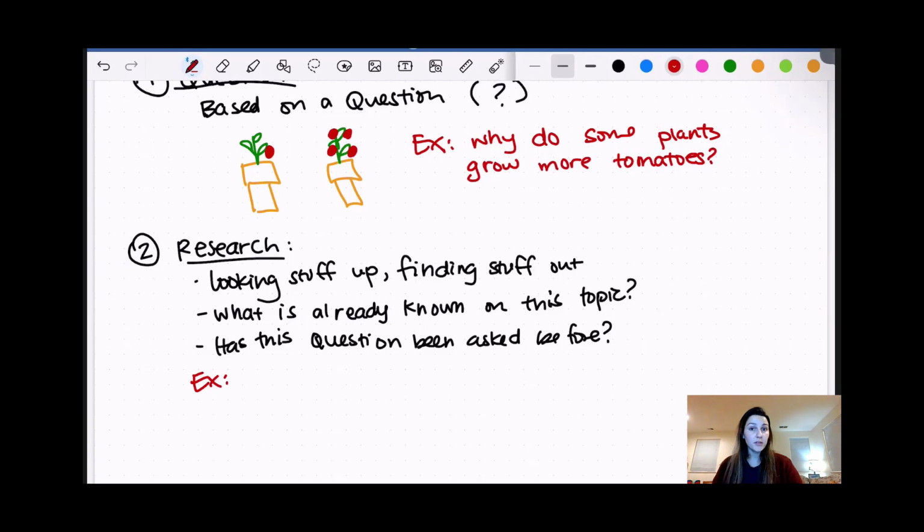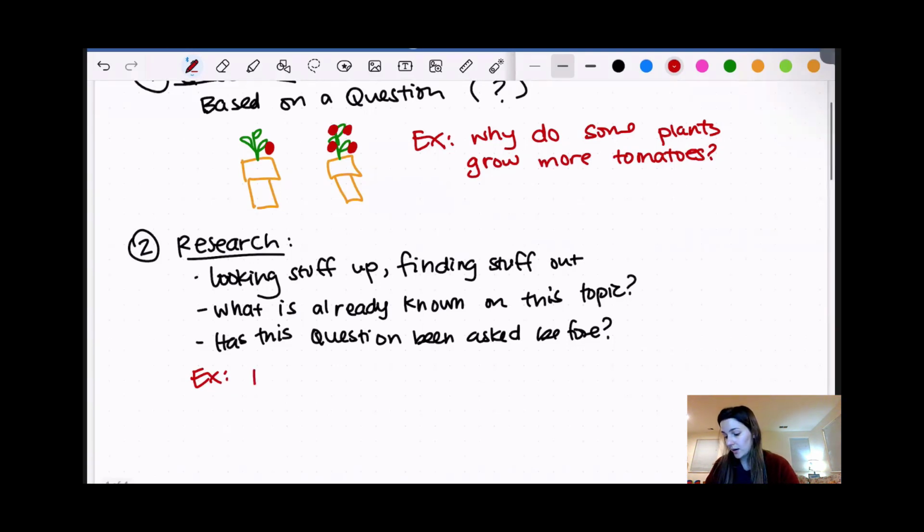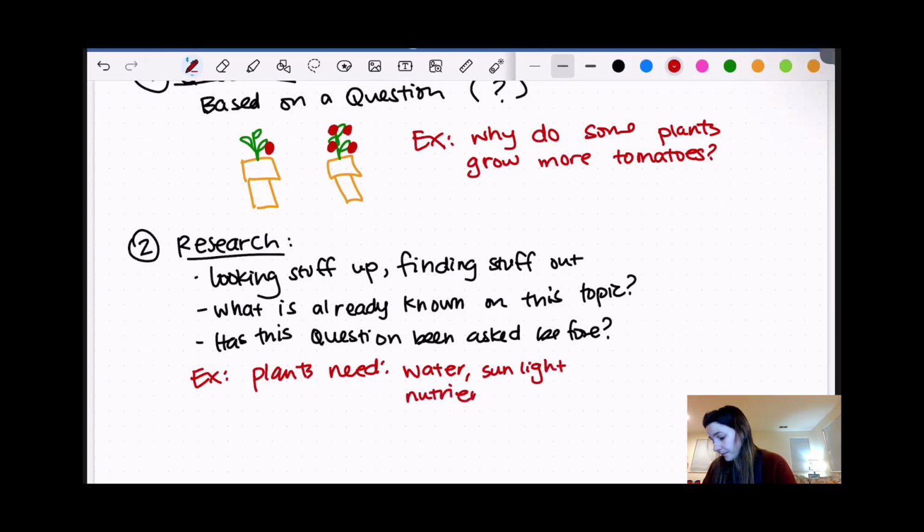We could research things about plants, and we can find out that plants need water, sunlight, and nutrients like phosphorus and nitrogen and a bunch of other stuff.